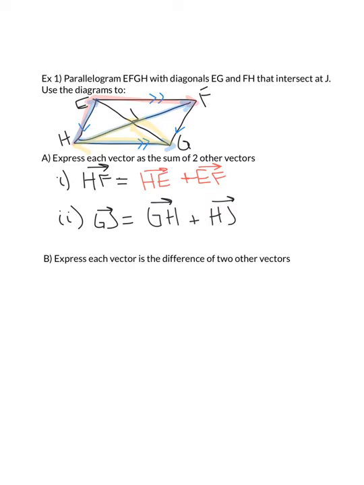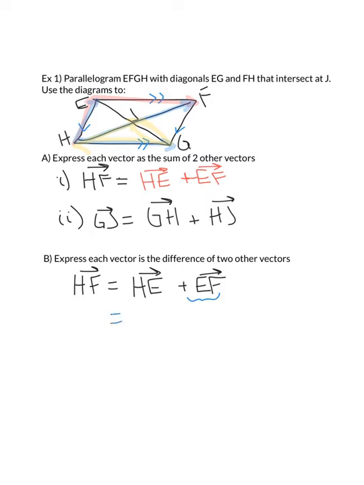So for part B, we're going to be focusing on subtracting. So I'm going to start with what I have above, so vector HF, and we know from A that that is equivalent to or equal to vector HE plus EF. Now on the previous slide, I said, remember, we can always change a difference to adding the opposite.